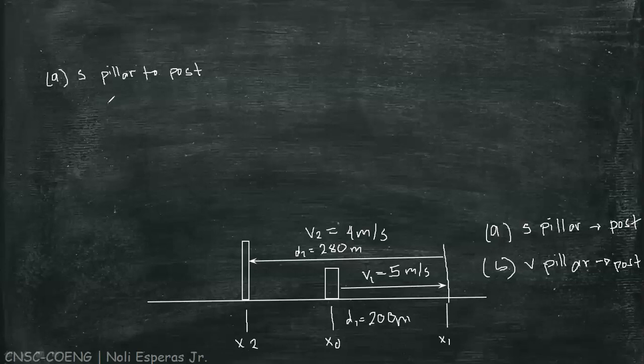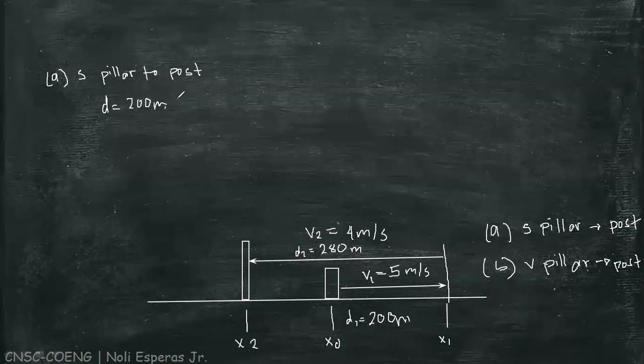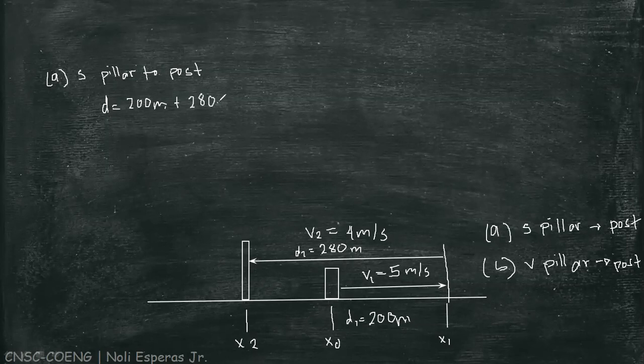Therefore, you have a distance traveled of 200 meters plus 280 meters equal to 480 meters. So now, what is your total time it takes to travel? We have to solve for T1 and T2.